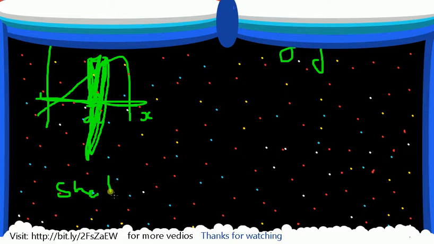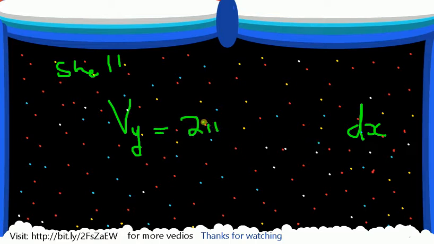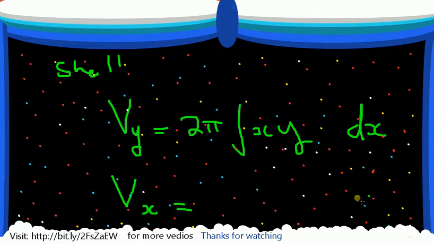Let's go to a shell. A shell is different from this one. If we rotate it in the y-axis, the strip is in the x-axis, so we have something like this. If it's rotated in the other axis, the strip must be in the y-axis.